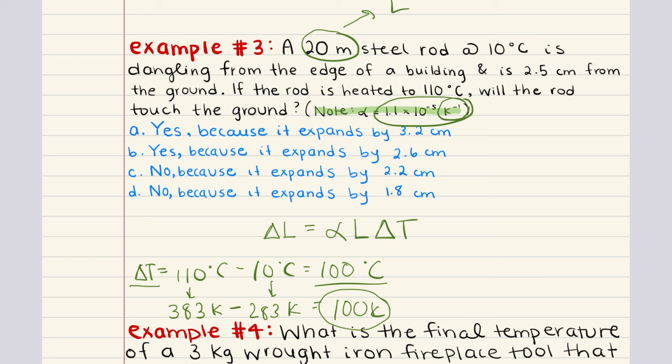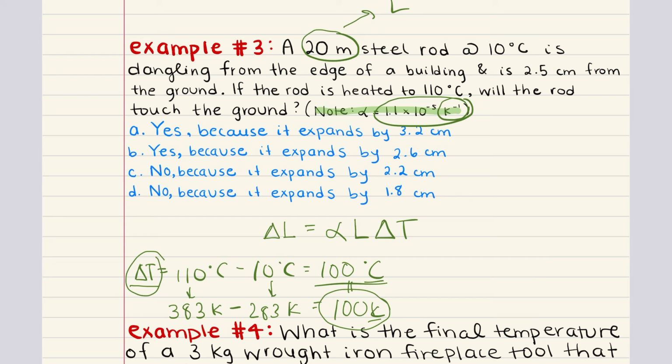So notice, you do not need to waste your time during the MCAT converting between Celsius and Kelvin when your goal is to calculate delta T. Just take the difference between the two temperatures you're given, whether it be Celsius or Kelvin, and just know that they are equivalent in both units. Again, because the Kelvin unit and the Celsius degree are the same size.